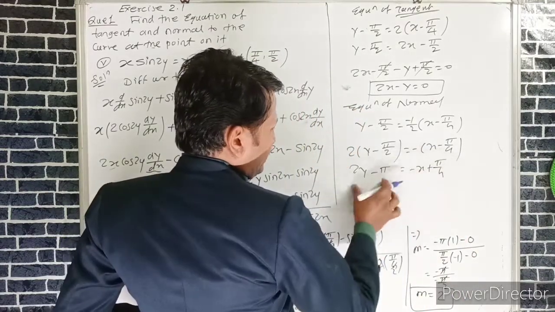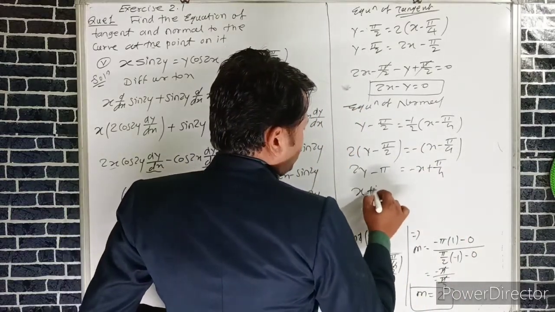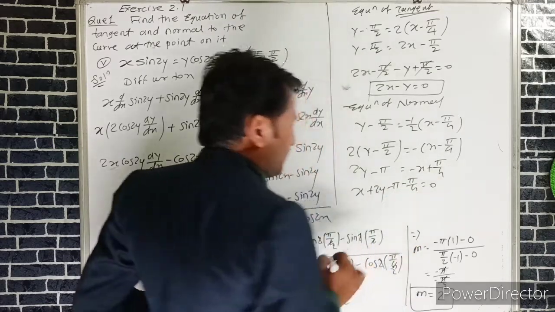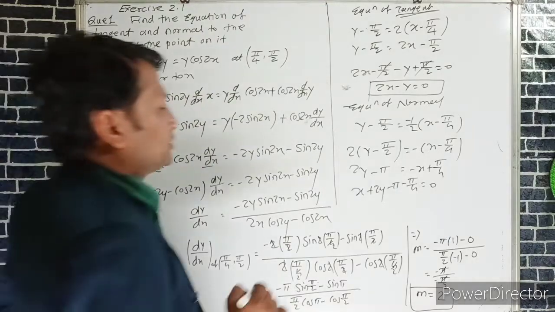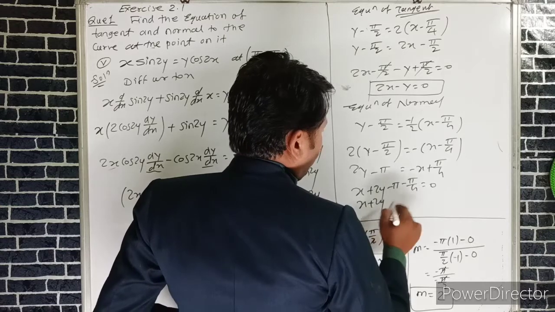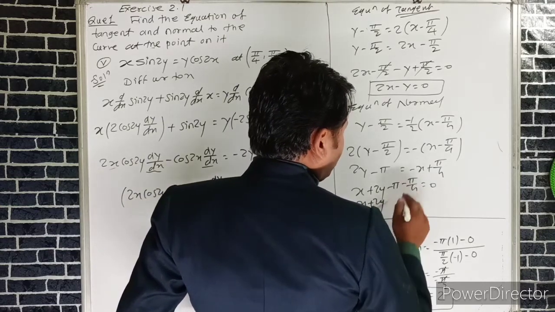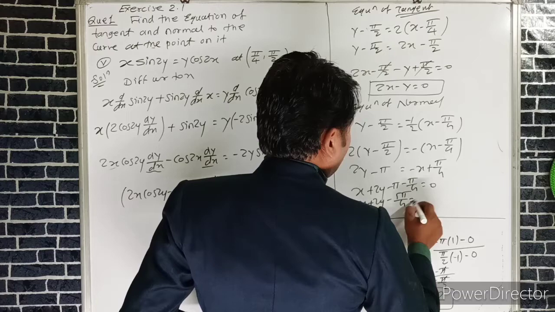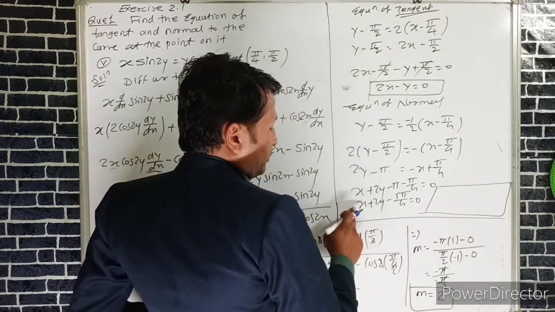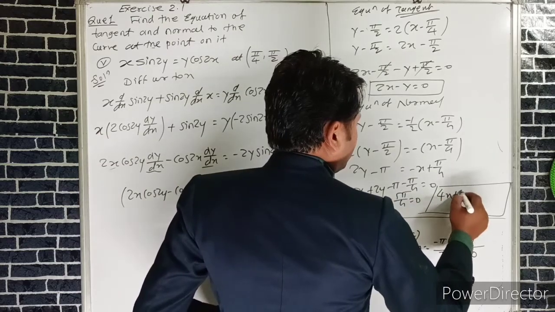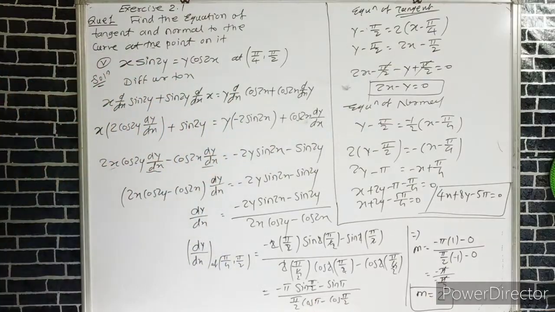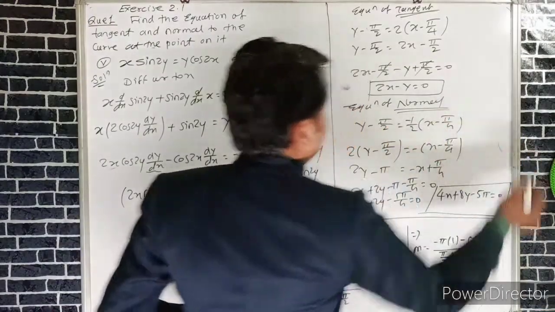Taking this to the left side, we can write x plus 2y as it is, minus pi by 4 minus pi, which gives x plus 2y minus 5 pi by 4 is equal to 0. Multiplying by 4 on both sides, 4x plus 8y minus 5 pi is equal to 0, which is the required equation of the normal.